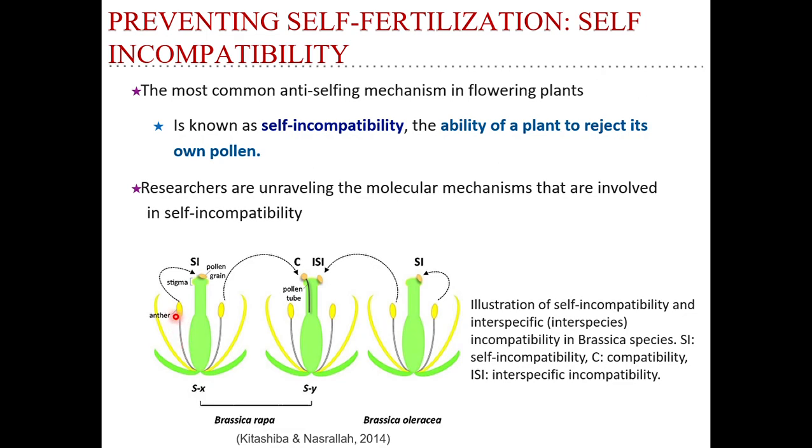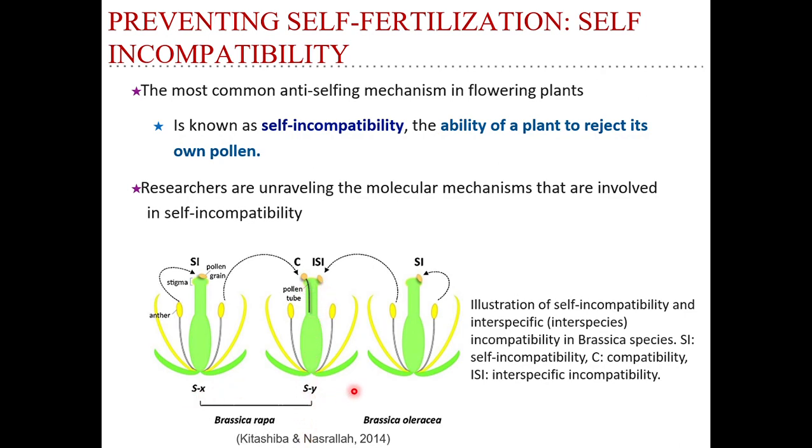So for self-incompatibility, the pollen from this anther cannot fertilize the same flower. However, within the same species, for example Brassica rapa, pollen from the anther of one flower can stick to the stigma, develop a pollen tube and fertilize the other flower from the same species.